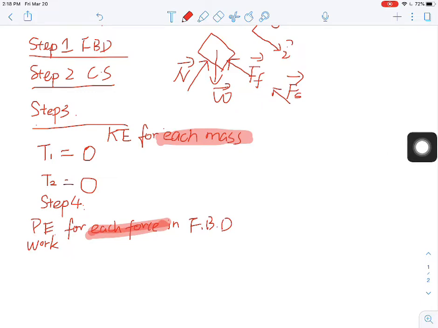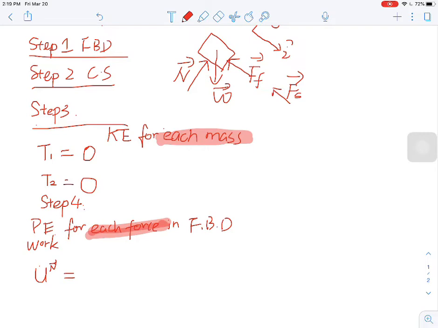Okay. Let's start with the work done by the normal force. Can you tell me what is the work done by the normal force in this problem?